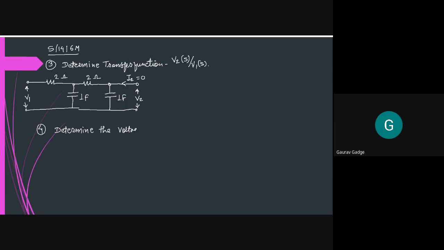The ratio they have asked is in this pattern: V0 of S upon Vi of S for the ladder network shown in the figure. Okay, so they have given this.